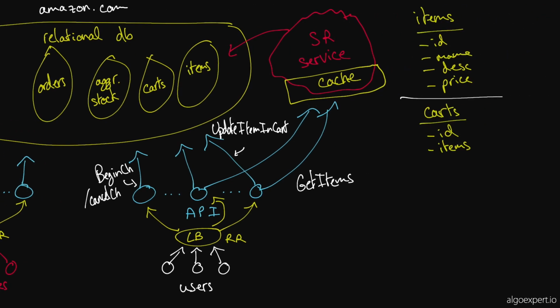So maybe we'll write down the schema of this table, right? So this is going to be the AGGR underscore stock table. This is going to have an item ID, and it's going to have, let's say, stock. I think we just call it stock, and this is an integer.